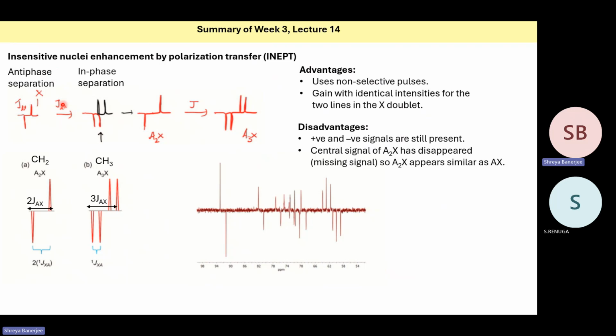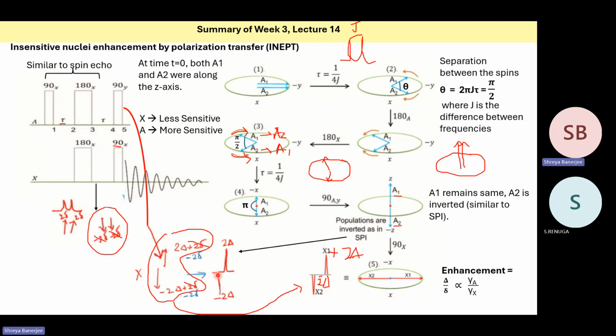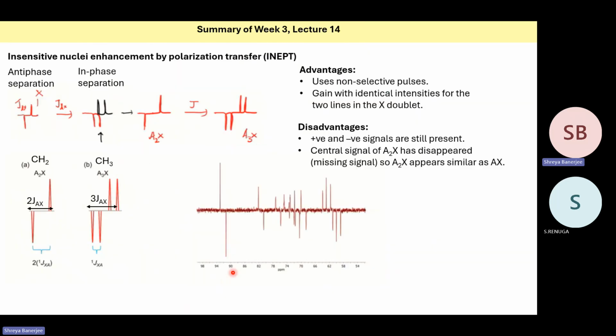Now, so far we have done the INEPT for the AX. The X signal will appear like this, one lowered and one upward, which we just saw. In the X signal, one has a negative and one has a positive.